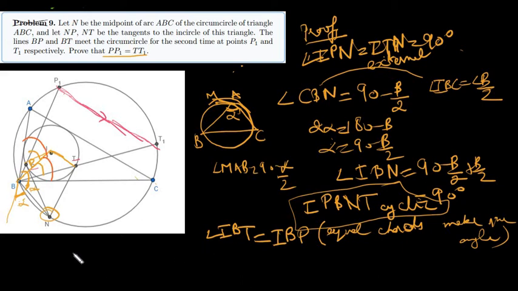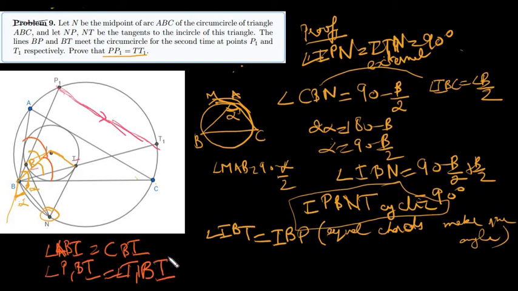So we know that angle ABI is equal to angle CBI, and we also know that angle P1BI, which is the same as angle PBI, is equal to angle T1BI. So the difference of these two angles will also be equal.